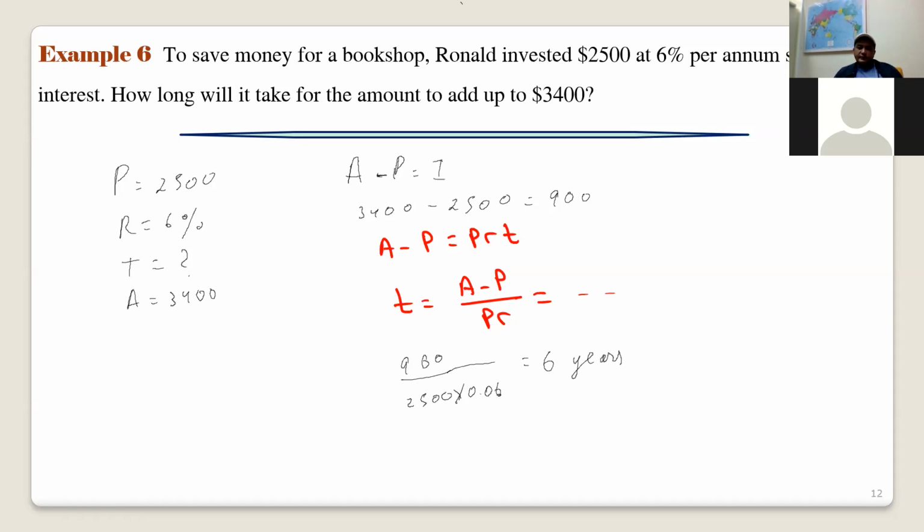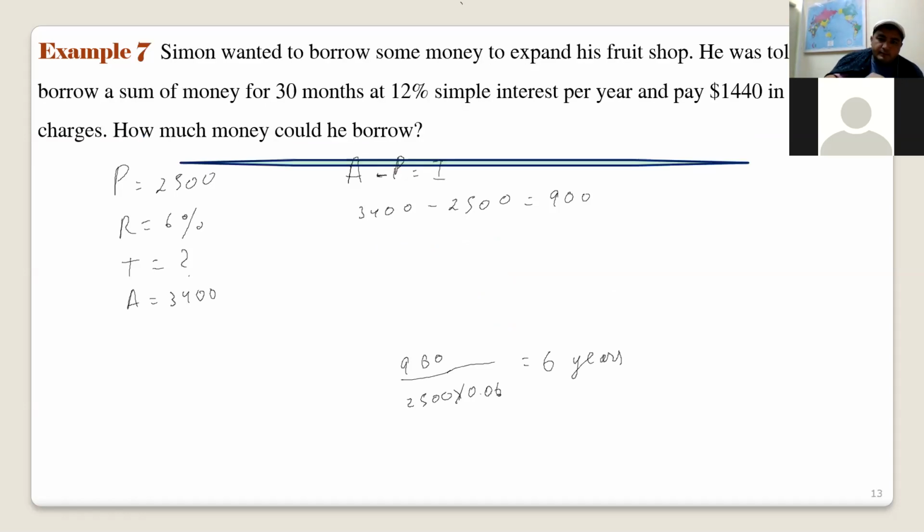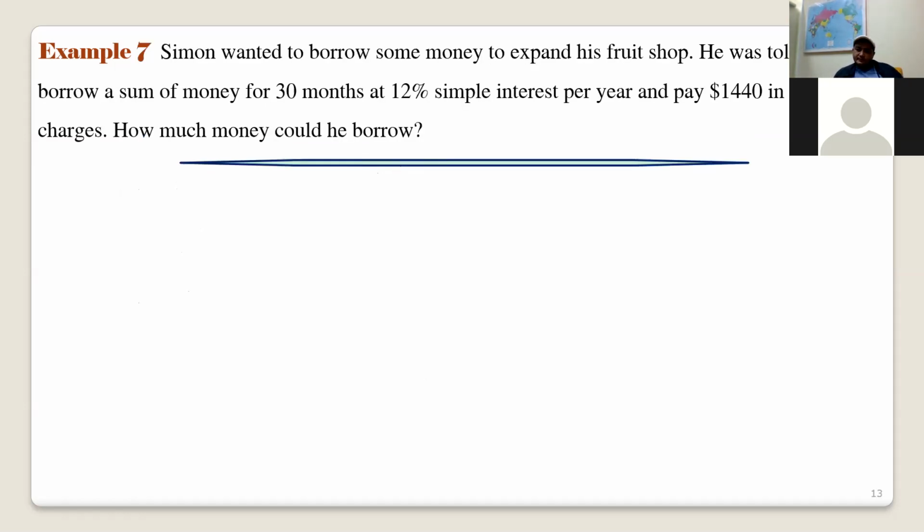Good. Let's move to the next question. Simon wanted to borrow some money to expand his fruit shop. He was told he could borrow a sum of money for 30 months at 12% simple interest per year and pay 1,440 in interest charges. How much money could he borrow?